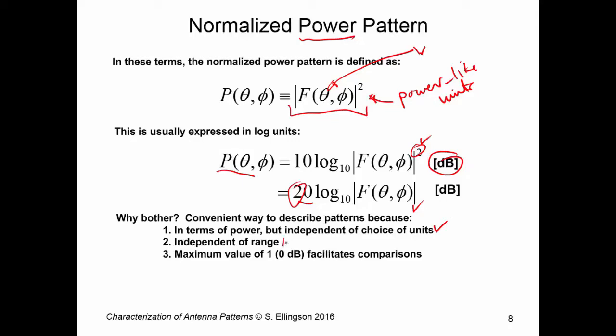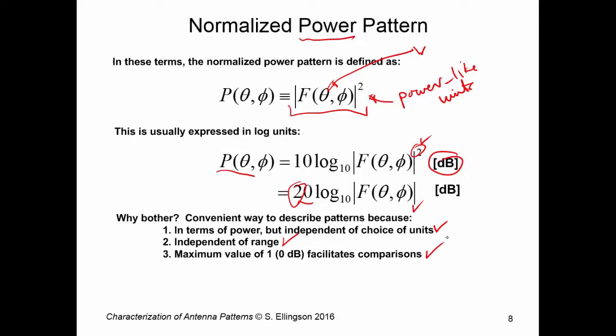Second reason is it's independent of range. By doing this normalization, we have removed the range dependence. We have a simple 1 over r range dependence in the magnitude, 1 over r squared in power, but we normalize that out. So this power pattern now is independent of range, and we no longer have to say how far away we are from the antenna. We simply have to know that we're in the far field.